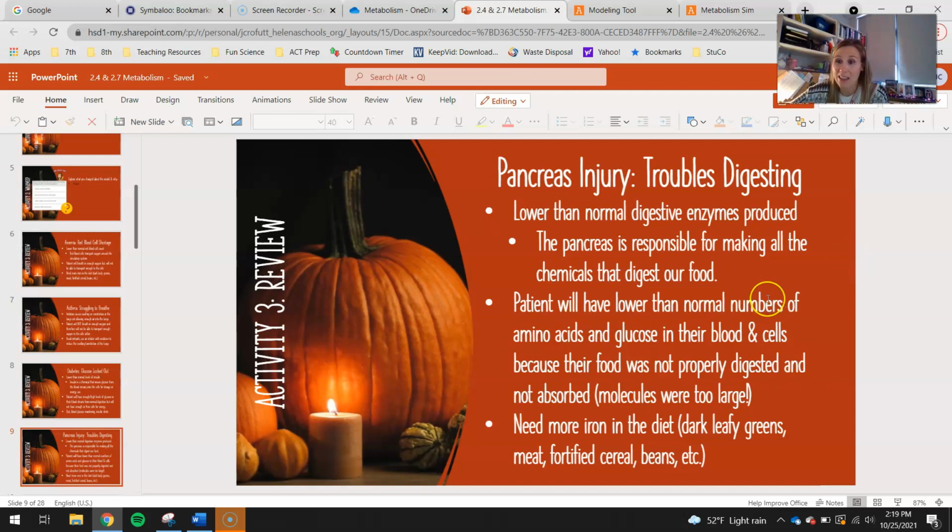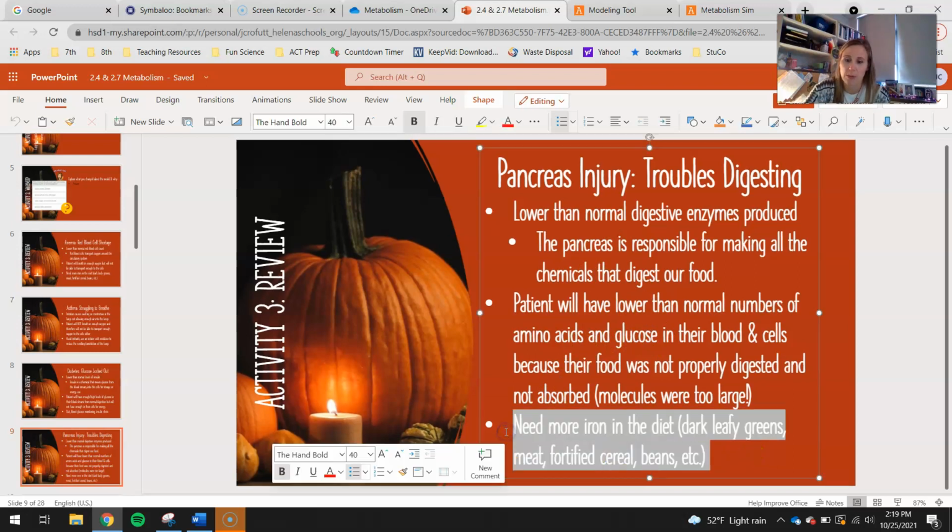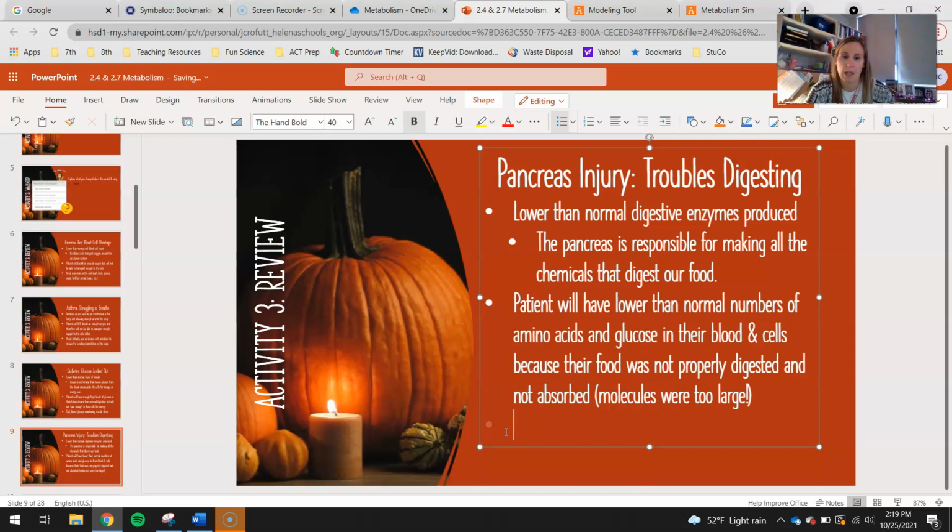So we don't get anything out of the food we eat. So again, our circulatory system's going to be affected, and definitely our digestive system's affected in this. And we won't see a whole lot of the nutrients we need in our cells or in our blood. Okay, I forgot to change this one. This one would have to be regulated by diet and medicine. Okay.